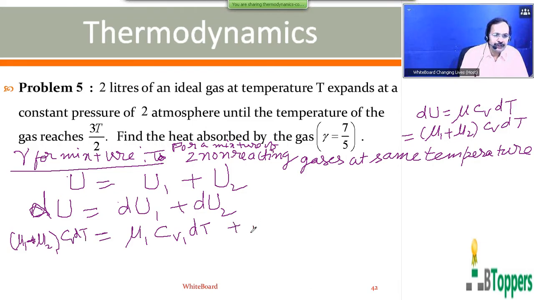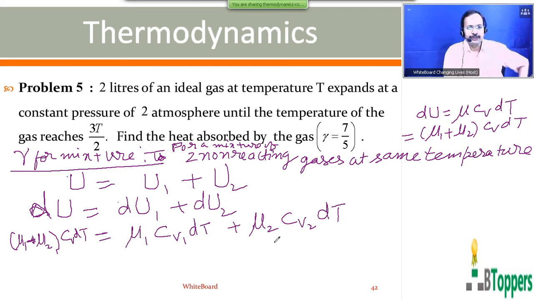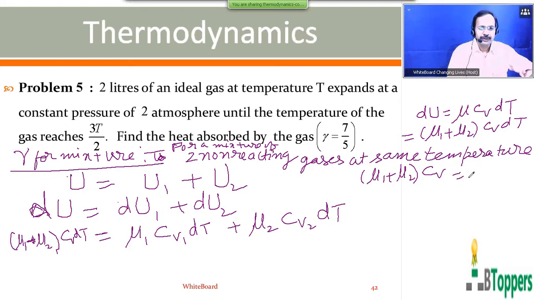And dU for the second gas, you can write nu2 into CV2 dT. CV1 is the molar specific heat at constant volume for the first gas. CV2 is the molar specific heat at constant volume for the second gas. Therefore, you can write nu1 plus nu2 into CV is equal to nu1 CV1 plus nu2 into CV2.